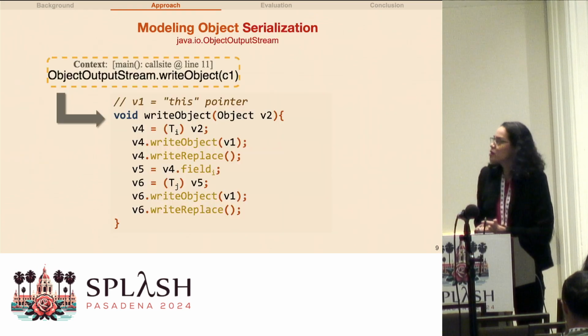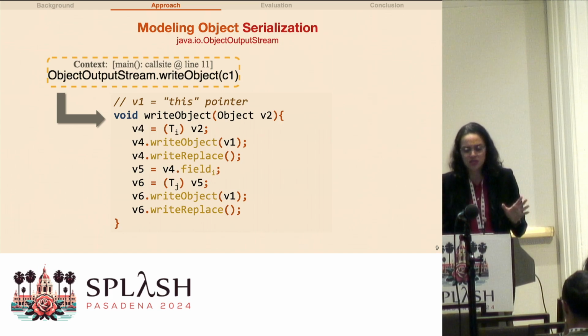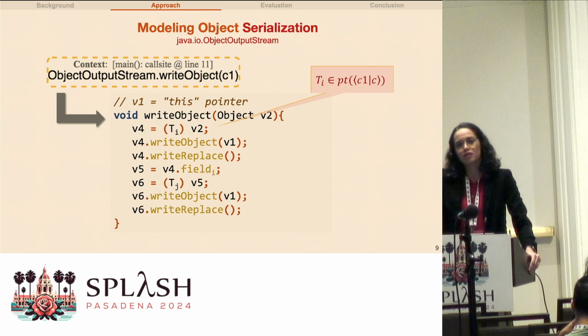When we are modeling the serialization API, that means we are modeling the behavior of the program when it comes to saving objects. Essentially, we look at the type of that object, at the points-to sets of that object, to infer what object is being saved.